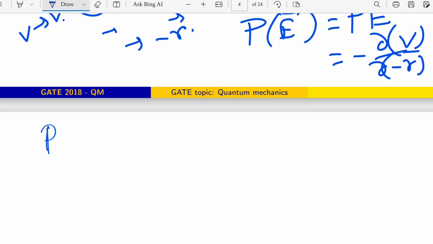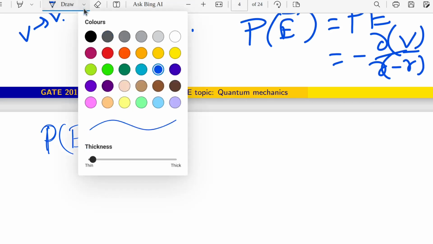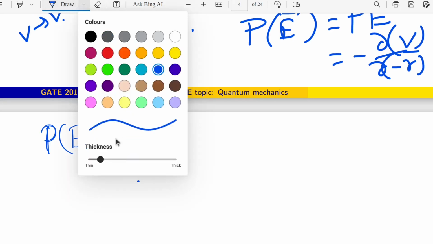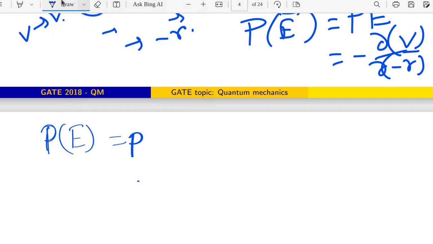So the parity of E. P of E means the parity operator will act on the E vector.